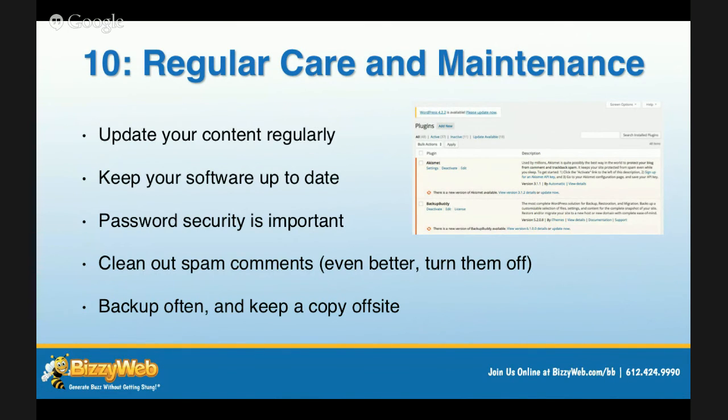And if you haven't updated your website for a little while, there's known hacks that a lot of hackers can get into if you don't update your content regularly or your plugins and software. BizzyWeb takes care of all of this automatically. So if you see any of these notices on your website and you're hosted by us, you don't need to worry about those, and we've already vetted for any potential problems, and we handle all of our content updates quarterly at least, and for any security issues, we do those immediately.